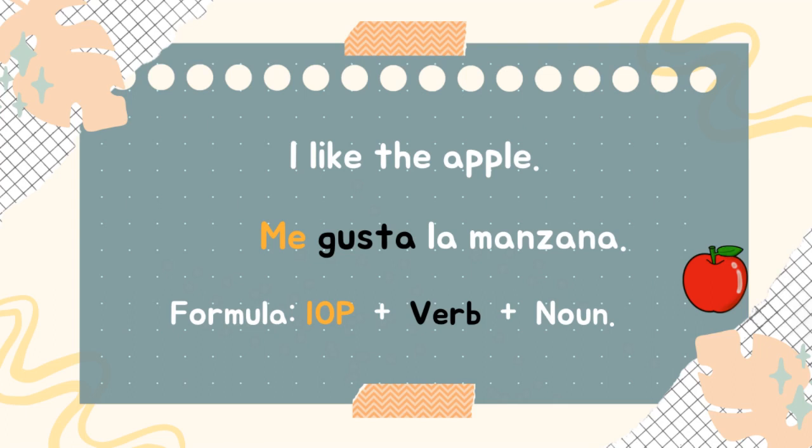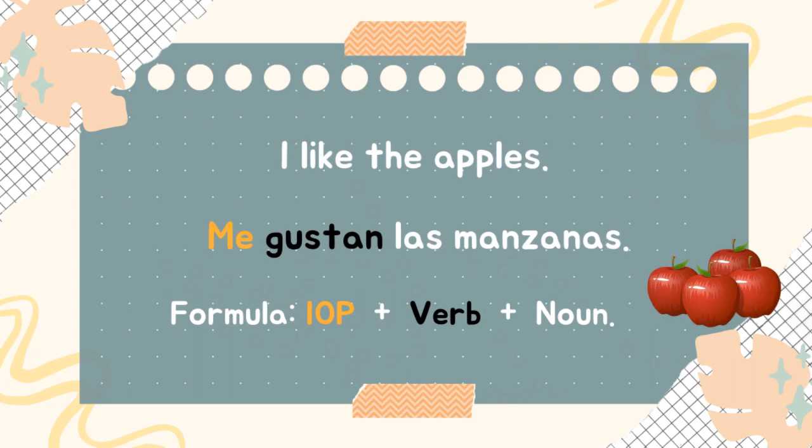So ask yourself, to whom is the verb being done? That answer is I, so I would use me. And when we're talking about one apple, we know that we have to drop the AR in gustar and add an A. So we have me, gusta, and then we know the words for apple are la manzana. Me gusta la manzana. The apple is pleasing to me.